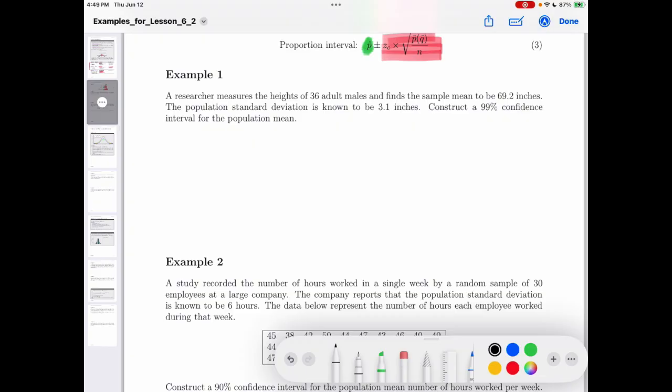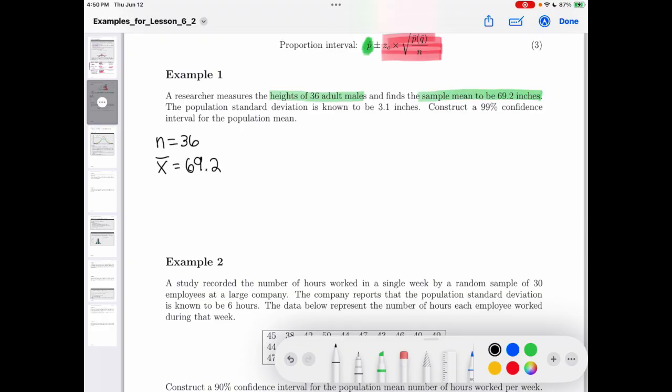Okay, so let's write down all the information that we have. When we read through this again, we have 36 adults, so we have that n is equal to 36. We have that the sample mean is 69.2, so I'm going to put down that our point estimate, our x bar, is 69.2.